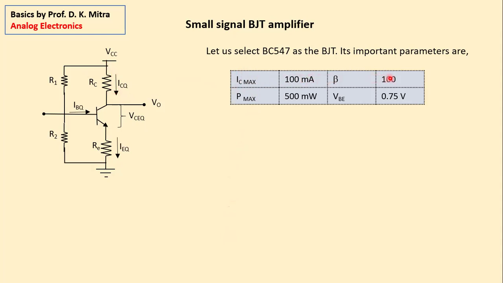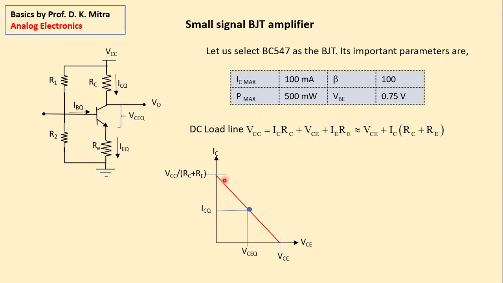Maximum power handling capacity is 500 milliwatt, and VBE, that is the base emitter junction voltage, is 0.75 volt. Mind it, these values change from one piece of transistor to another. You can always measure it.